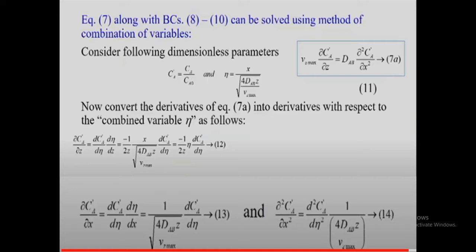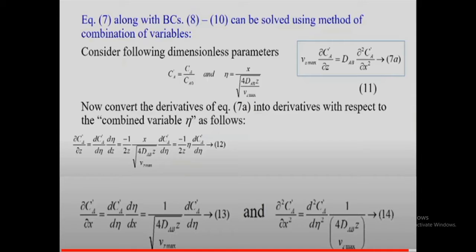What is the final result? In d eta/dz, which one is the constant here? x by root of 4 DAB by Vz max is a constant. Which one is the variable here? z. So z power 1 by 2, or root z. 1 by root z goes to the numerator as z power minus 1 by 2. Are you clear or not?